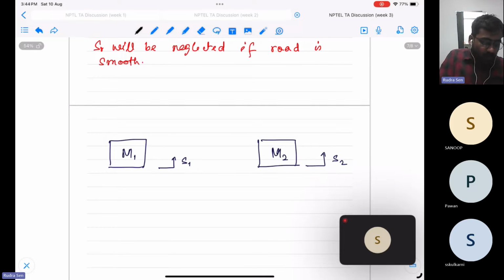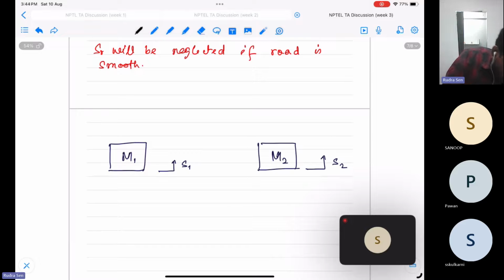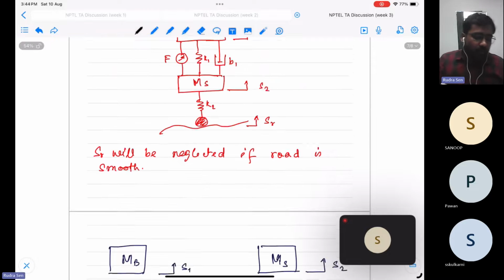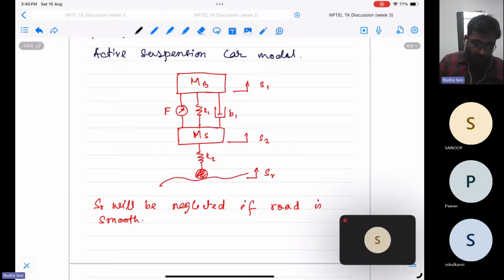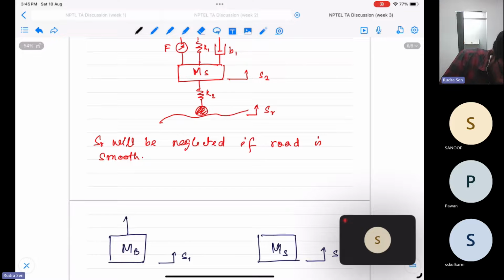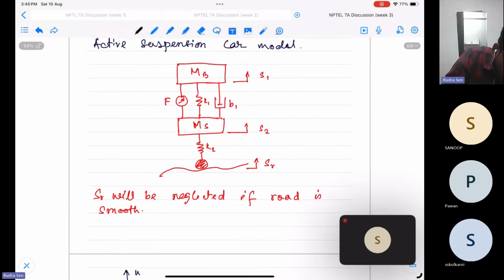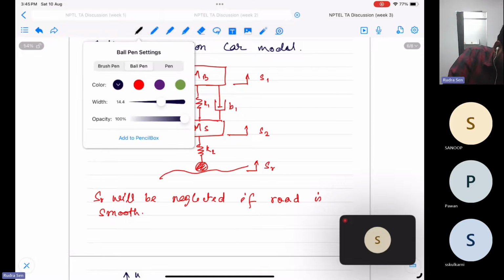Okay. So what are the forces acting on MB? Sorry, MB, and this is MS. So what are the forces acting on MB? This is the actuator force U. So let me write down all the parameters over here.